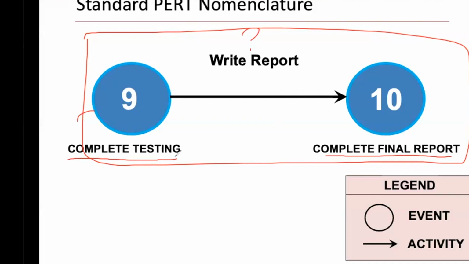If I'm the report writer, my assignment is writing the report, so I should go talk to the tester guys and say, is it done? When it's done, I'm going to get all the documentation and write the report, and it's going to take time. How long? That's what we need to do.